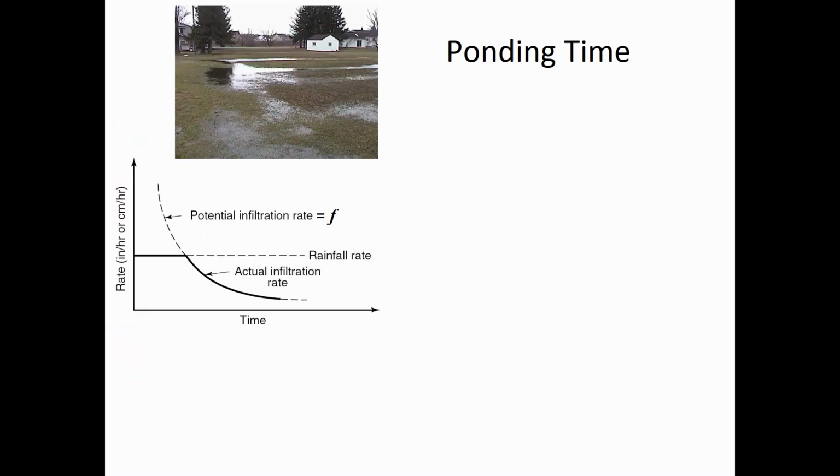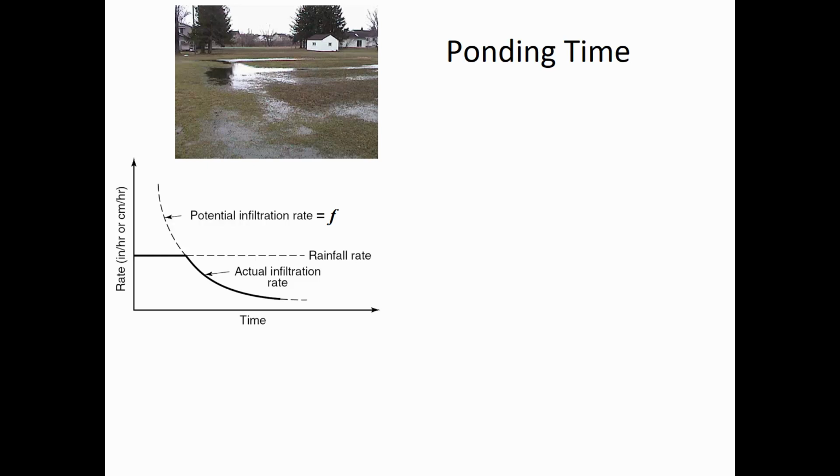So just keep in mind that sometimes it's not raining as hard as the soil could be absorbing the water. In other words, the infiltration capacity of the soil can be greater than the rainfall rate. And so it's not necessarily called the direct infiltration rate, it's called potential infiltration rate.